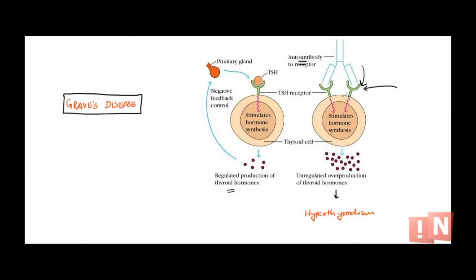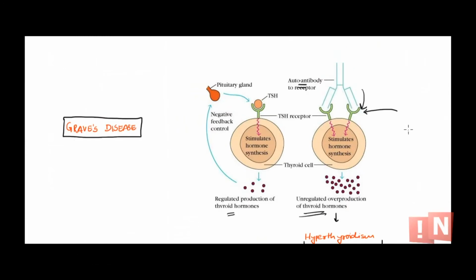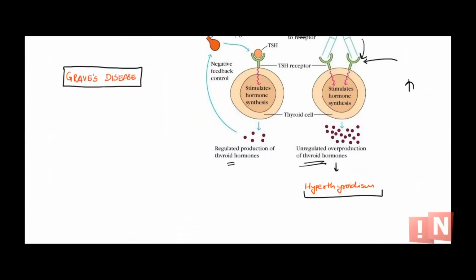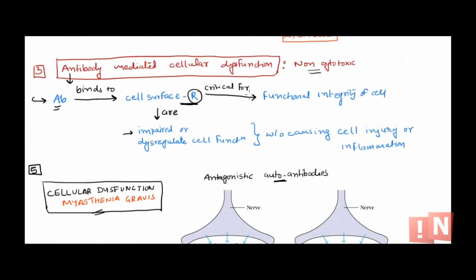It gives a signal for the production of thyroid hormone. Overproduction of thyroid hormone would occur, resulting in hyperthyroidism. So on one hand you saw it blocks the function, on the other hand it causes overproduction of hormones. So that's how auto-antibodies can result in cellular dysfunction.